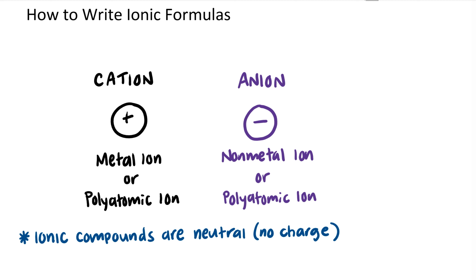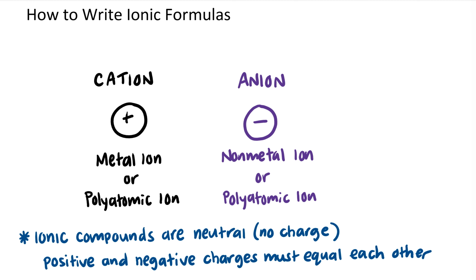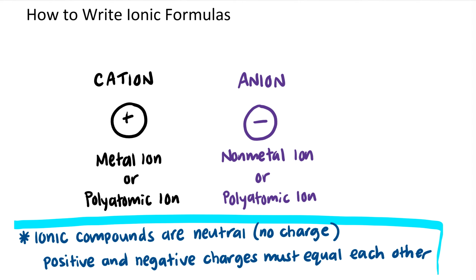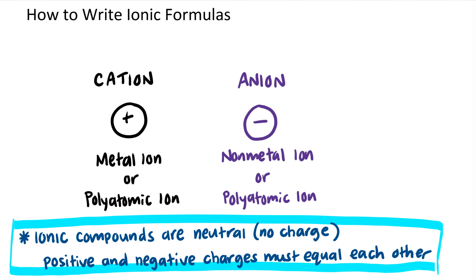In other words, the positive and negative ions must cancel each other out. For how much positive charge we have, we have to have the same equal negative charge. This one rule governs how we go about writing formulas for ionic compounds.